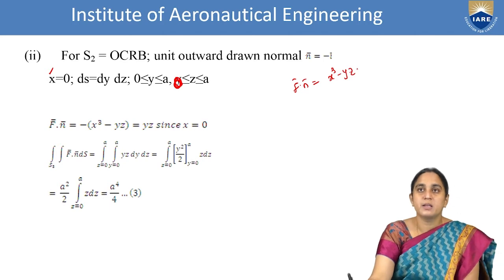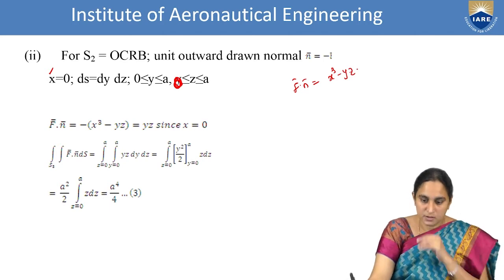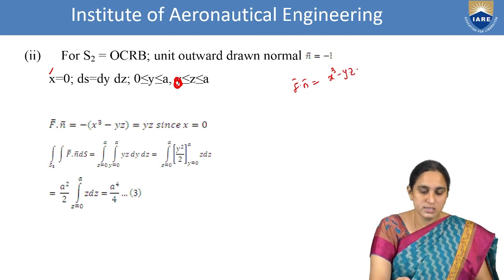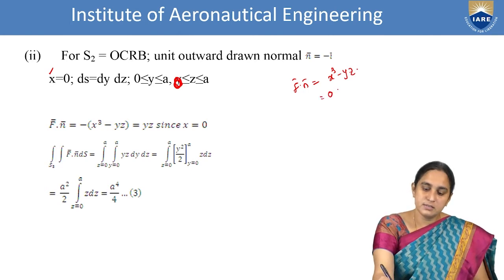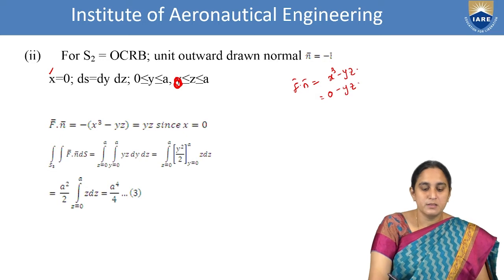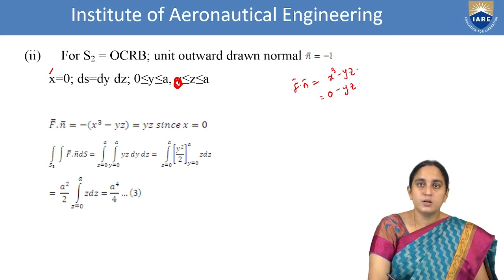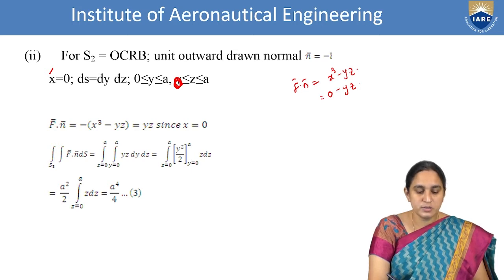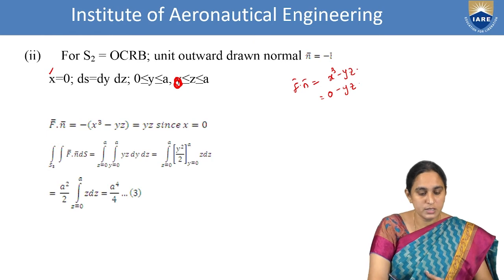From that, what is x here? Directly x is 0, so minus yz. Therefore, f bar dot n bar is equal to minus yz. But here the y limit points are 0 to a and z limit points are 0 to a.